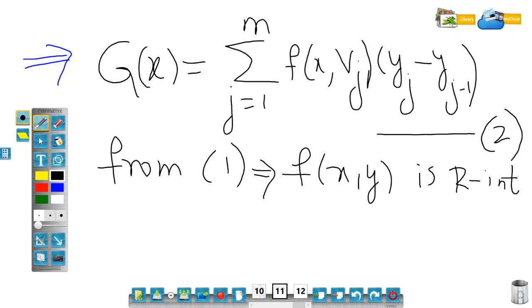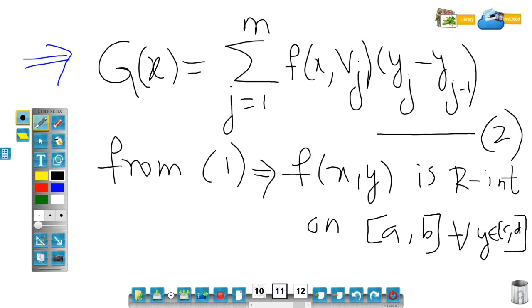So it is R integrable on A to B. Similarly, it is R integrable on C to D. So it is R integrable on closed interval A comma B for every Y belongs to C comma D. Right.